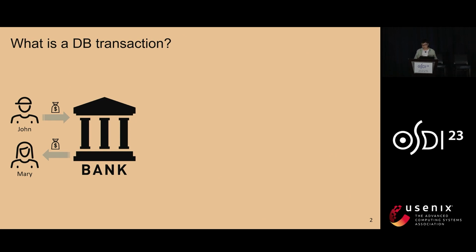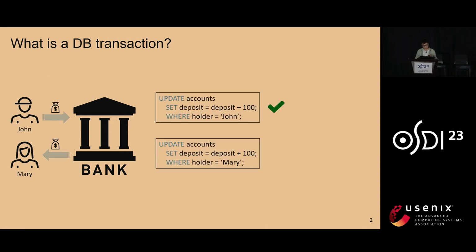However, something may go wrong if the first update statement succeeds and the other update statement fails. In this case, the $100 will disappear. It does not exist either in John's account or Mary's account.